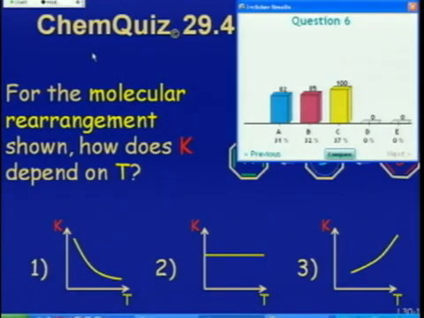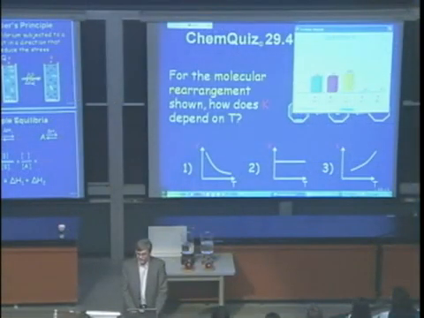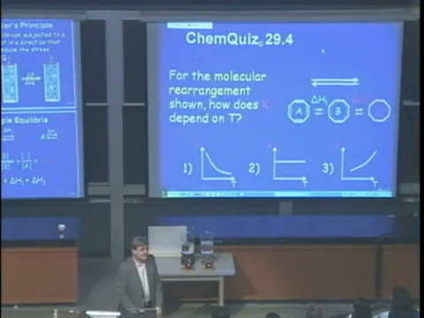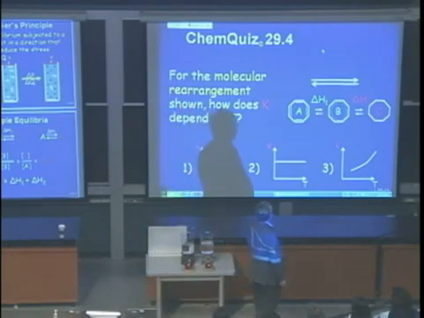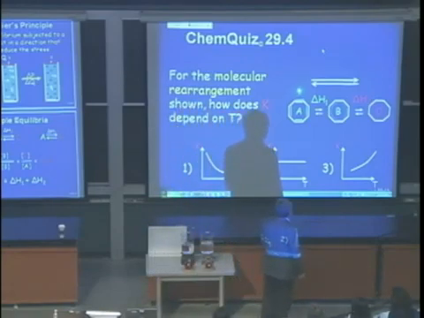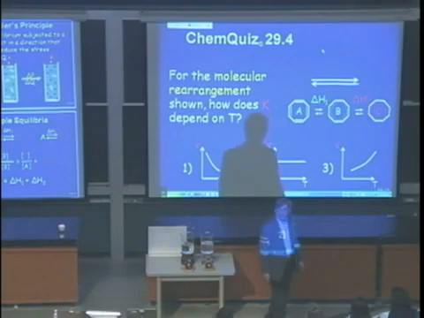Another near equilibrium here. Isn't that like a Hess cycle? So this is your initial state, and this is your final state. You're only interested in the initial and final state.